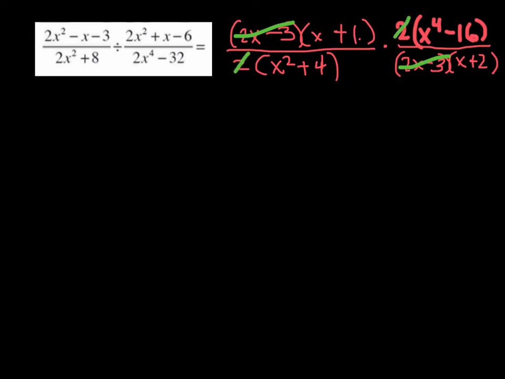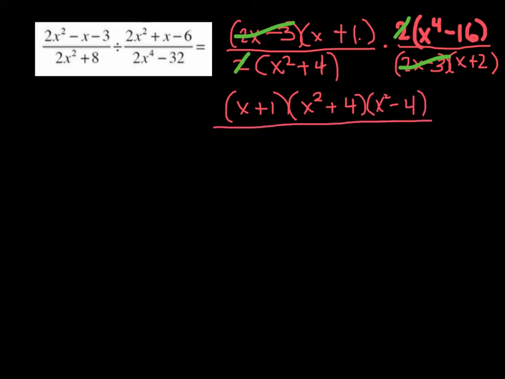So now I'm going to keep factoring, and the numerator will have x plus 1, but this is the difference of squares, so this will become x squared minus 4, all over x squared plus 4, x plus 2. And I see I have another common factor in the numerator and denominator that I can cancel out. But I also notice that this is the difference of squares again.